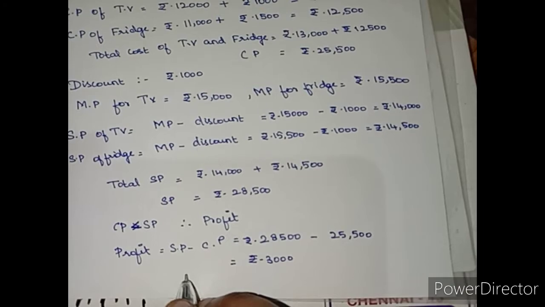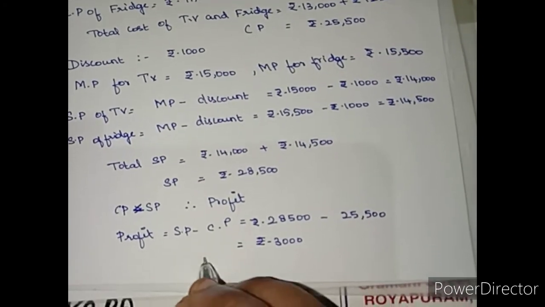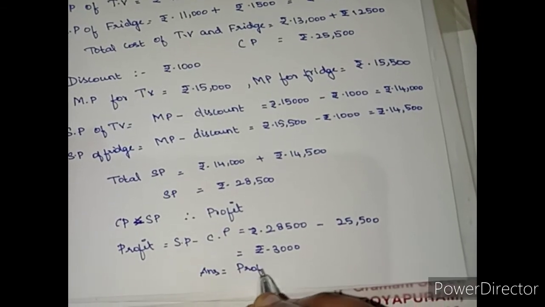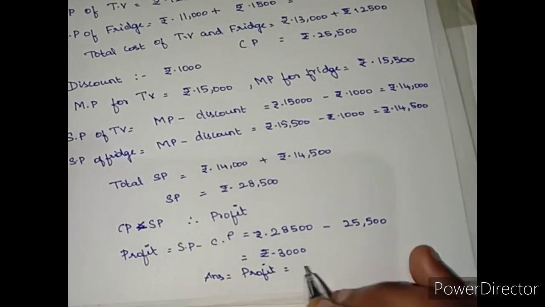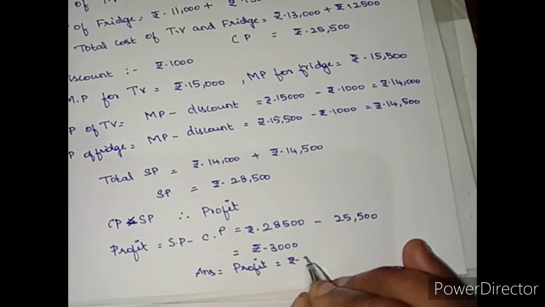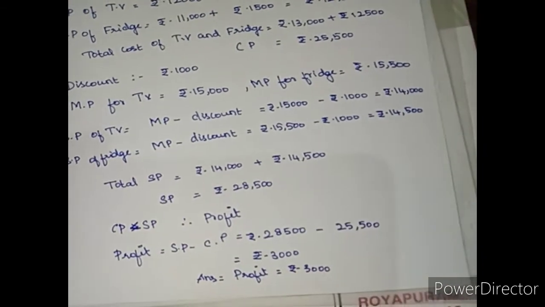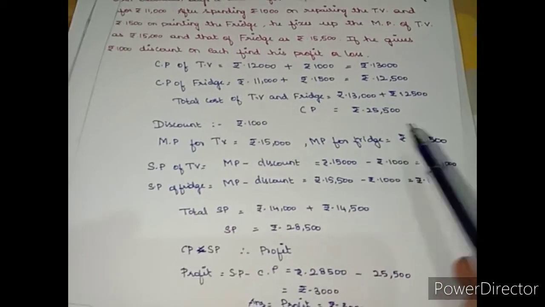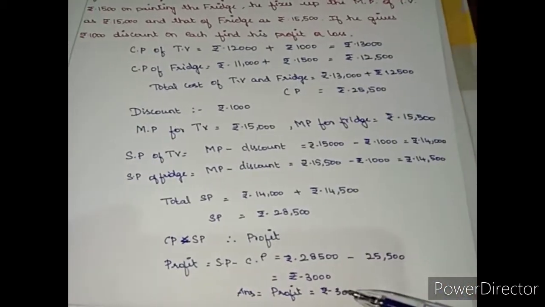So what is the answer for this? The answer is profit of rupees 3,000. Understood? So you have to calculate it separately and find the final answer.